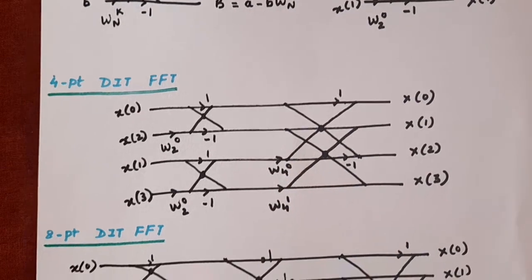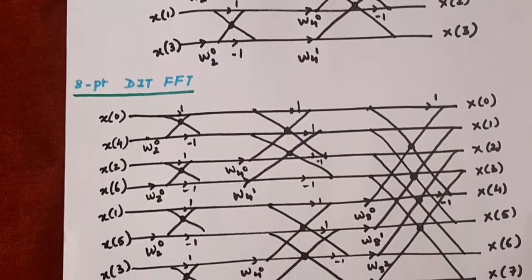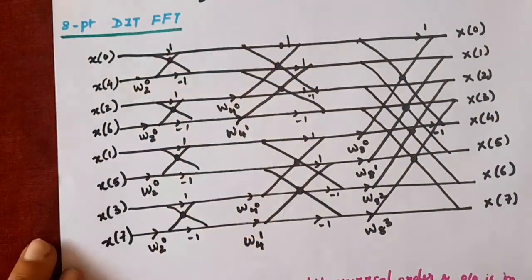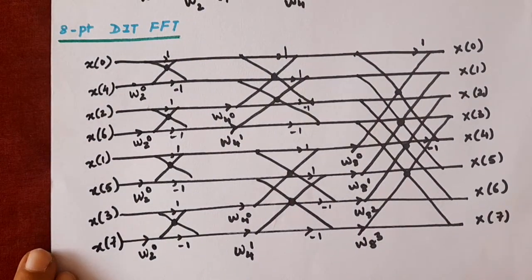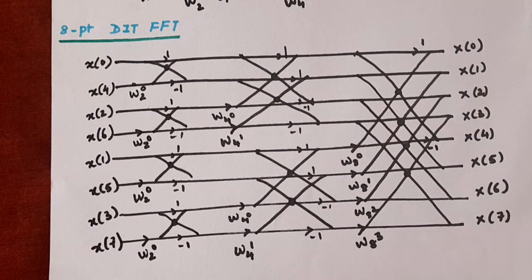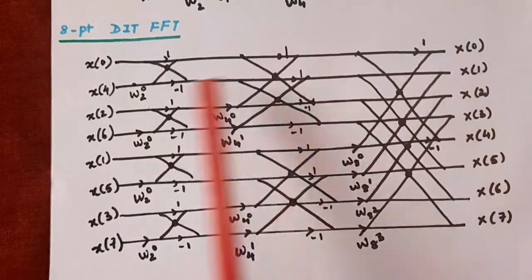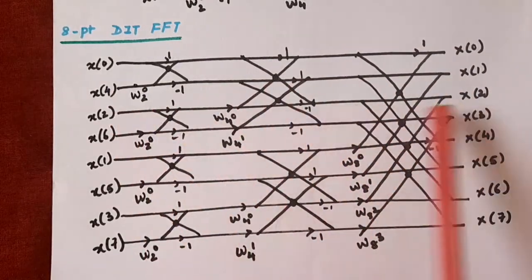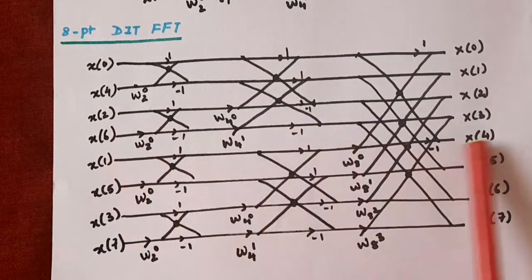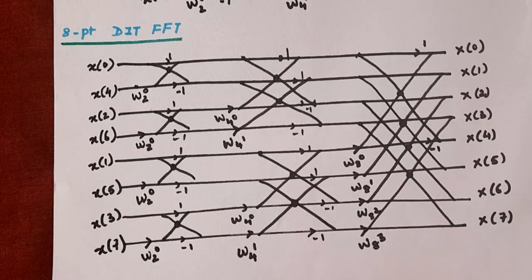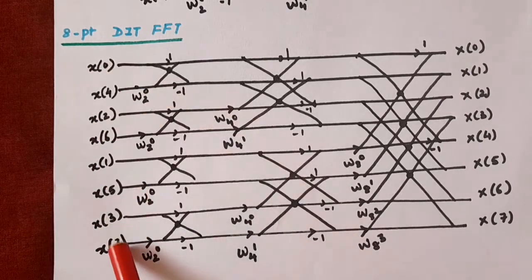Coming to the 8-point DIT flow graph. For drawing the 8-point DIT flow graph, you need to first draw 8 lines. 1, 2, 3, 4, 5, 6, 7, 8. After drawing these 8 lines, take the input bits.